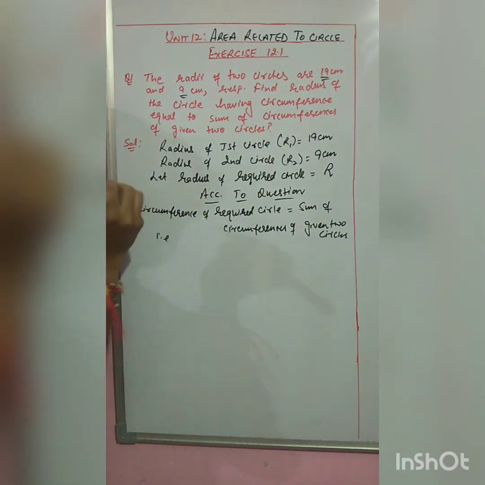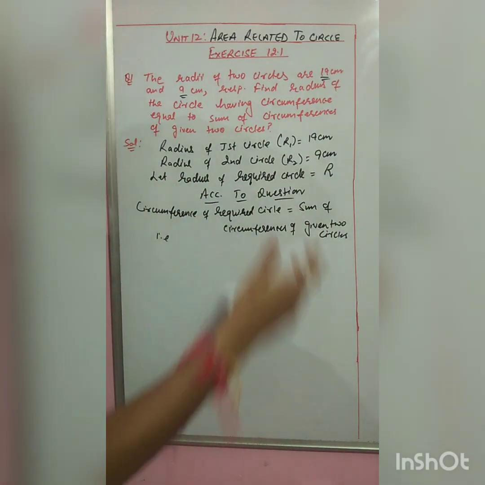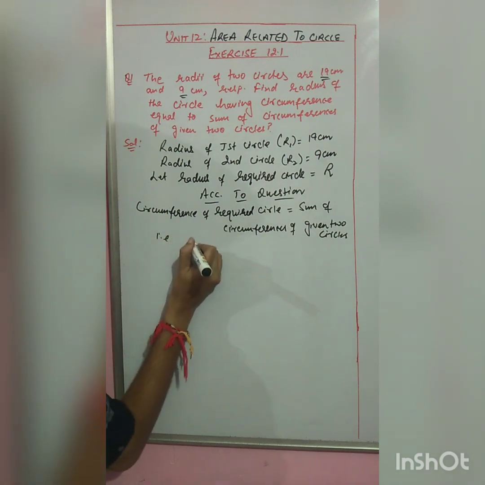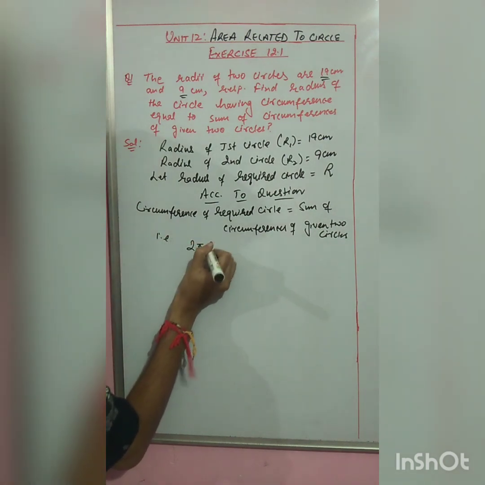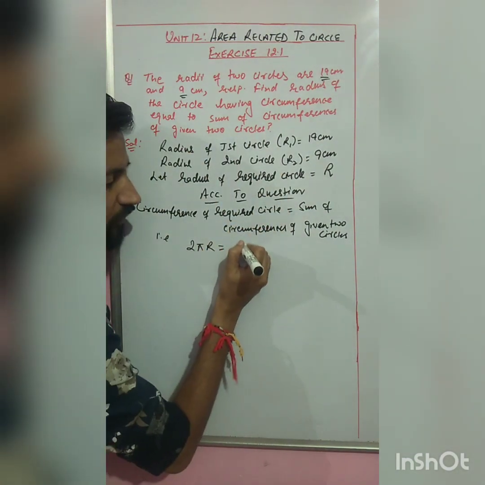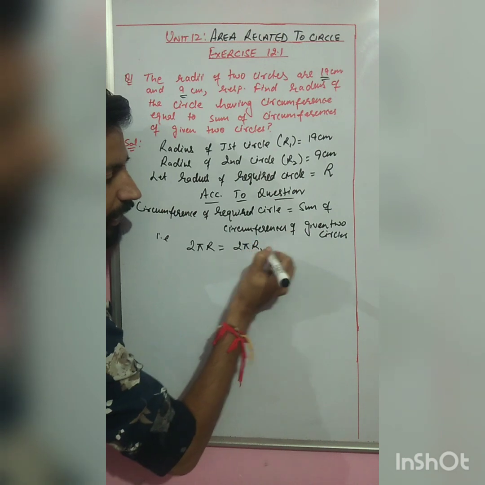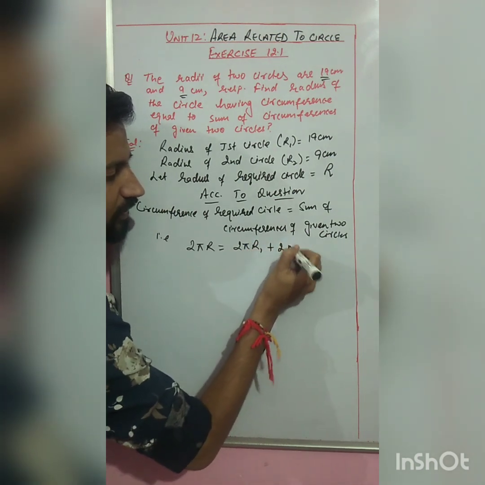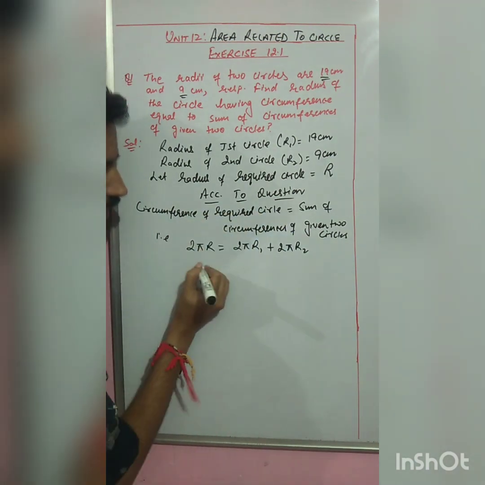That is, the circumference of the required circle, as its radius is R, by the formula would be 2 pi R, equal to the sum of the circumferences of the given two circles. So the circumference of the first circle is 2 pi r1, and of the second circle 2 pi r2.